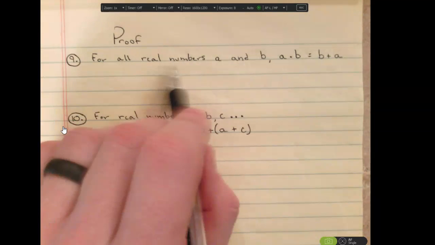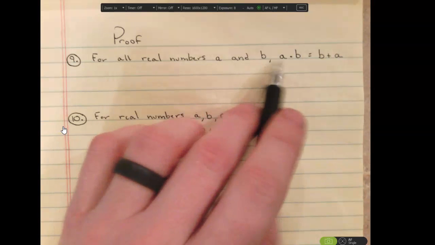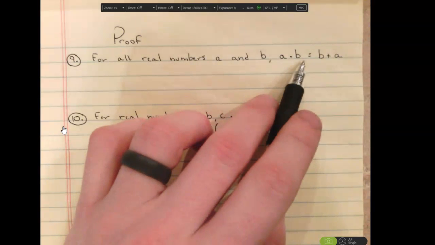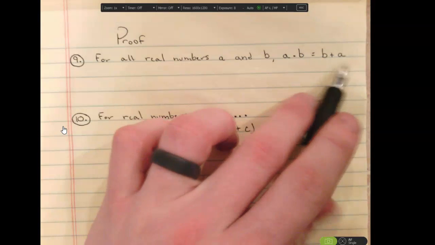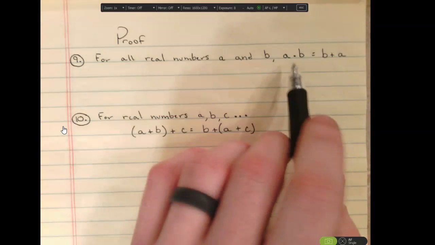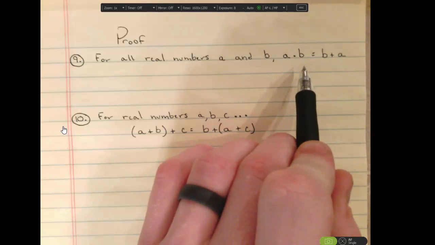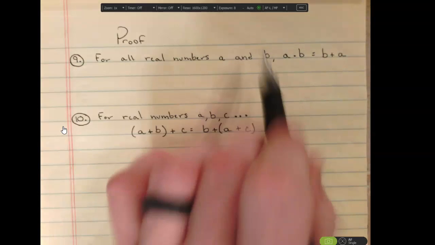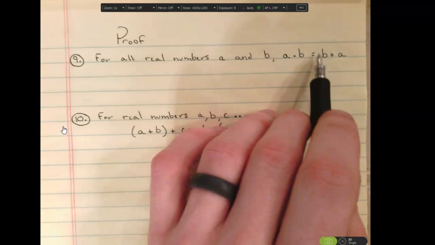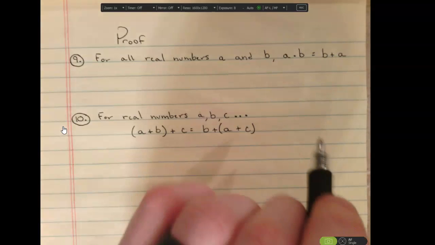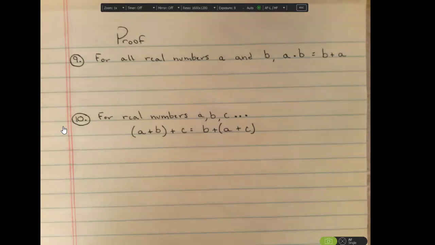So for all real numbers a and b, a times b is equal to b plus a. And what this means is if I plug any number in for a and any number in for b, will this always be true? That's your key here. Will this always be true?